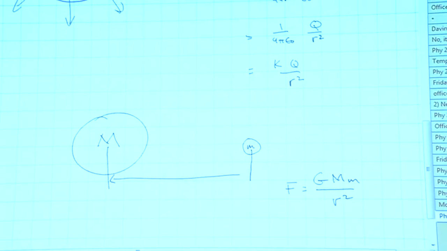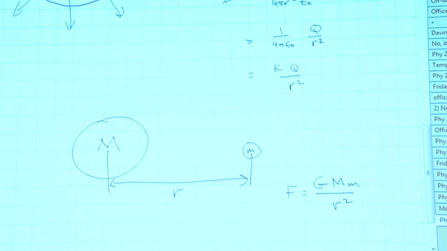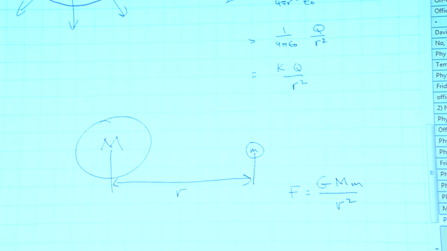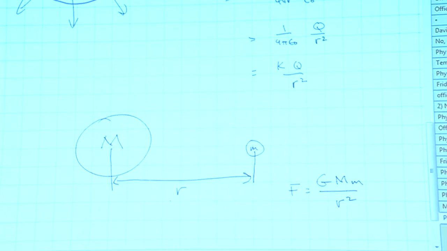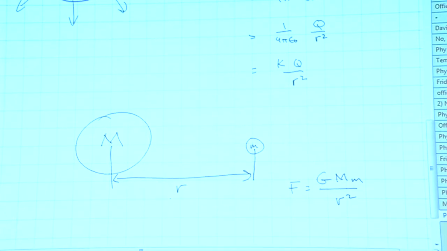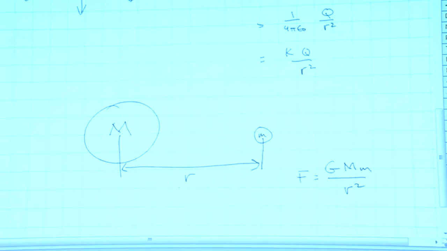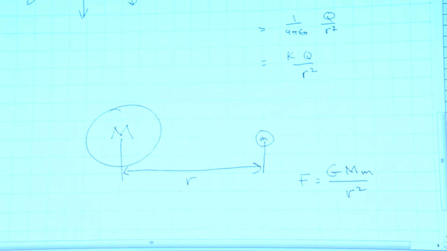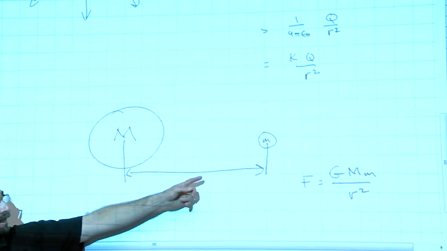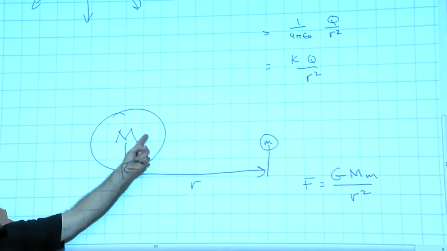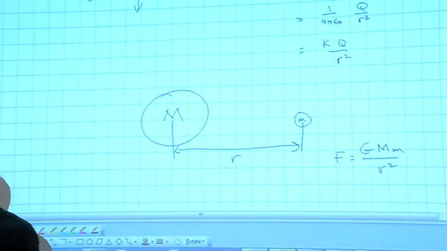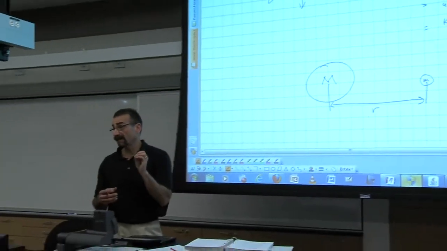We put all the mass at the center, and we use the distance from the center. We've already done that. Newton had to invent calculus to prove that that was true, but if you take an advanced calculus class, you can do that integral and show that the force out here, due to all the little contributions in a spherically symmetric distribution, sum up the same as if all of it was at the center.